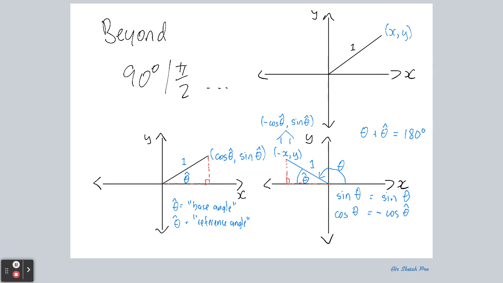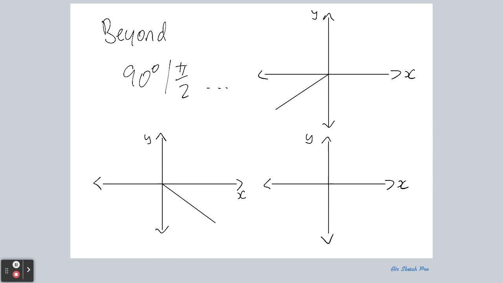We're going to use this idea then of x and y coordinates so that we can extend our definition as far as we can. So far we've covered from 0 to 180. Now we're going to cover from 180 to 270 degrees.